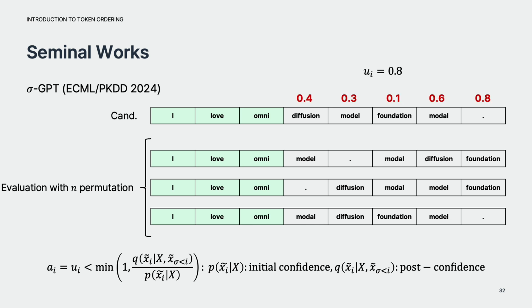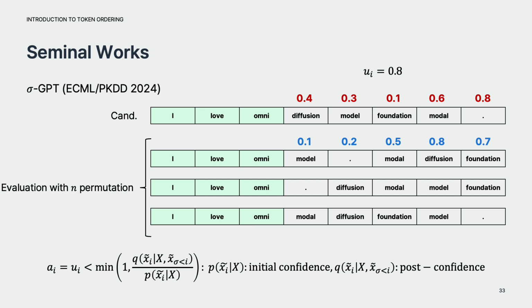For example, let's say U is equal to 0.8, and suppose the confidence values for each token in the candidate are as follows. If the probabilities of the first candidate sentence generated by permutation are like this, we calculate accordingly.